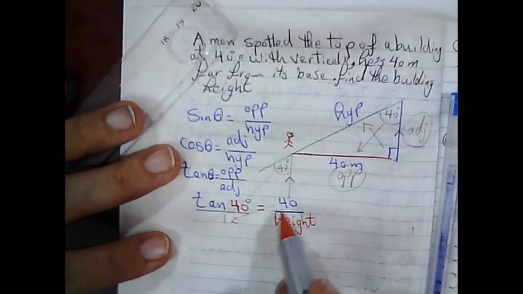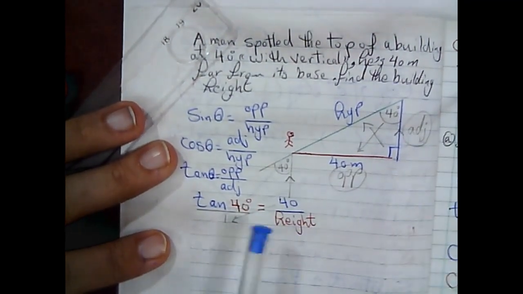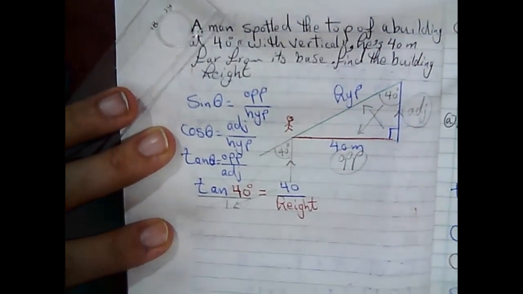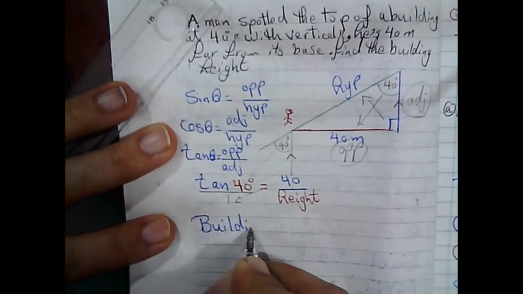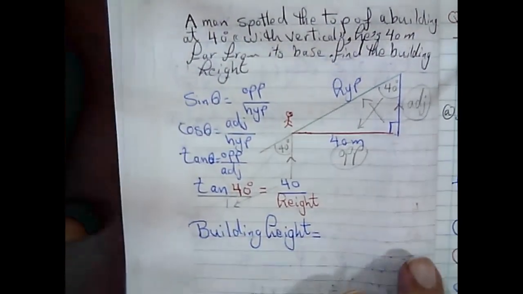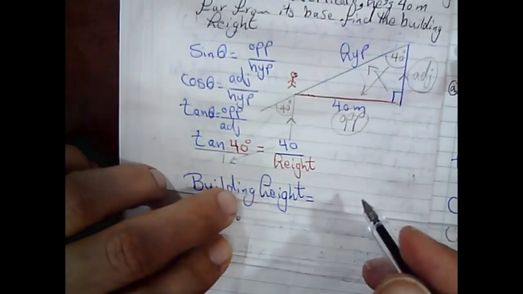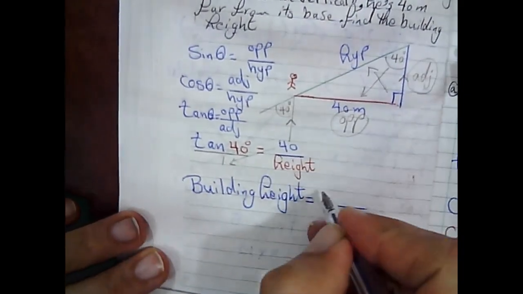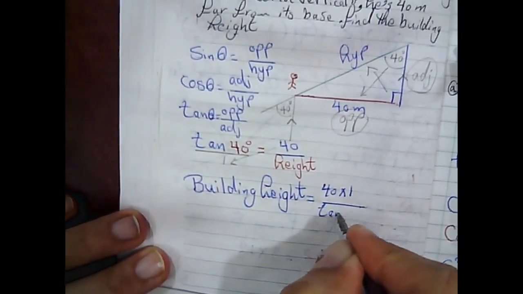So the height of the building equals 40 times 1 divided by tan 40 degrees.